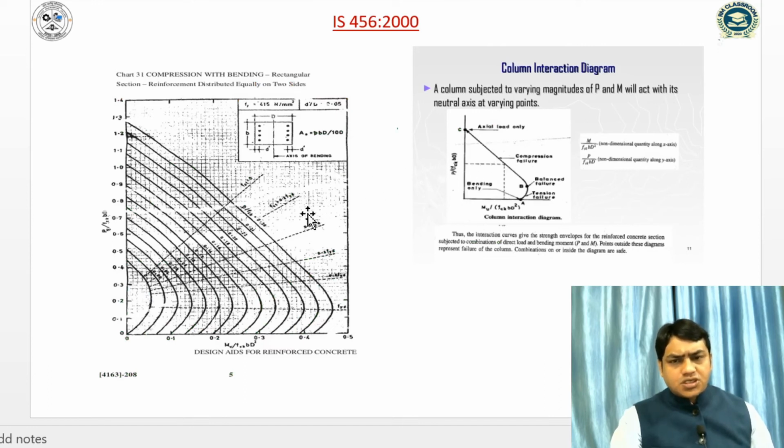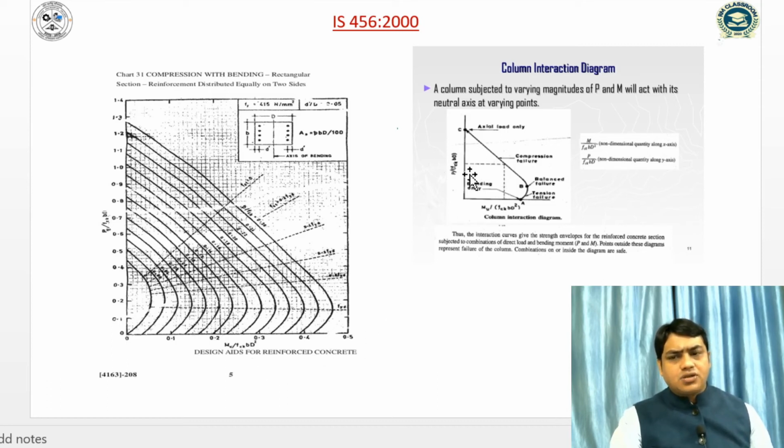With the help of the different P by FCK values, on the y-axis it is PU by FCK BD, and on the x-axis it is MU by FCK BD square. For the different values of D dash by D or D dash by B, we will select a curve and accordingly we can compute the value.